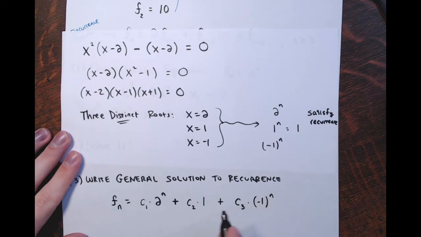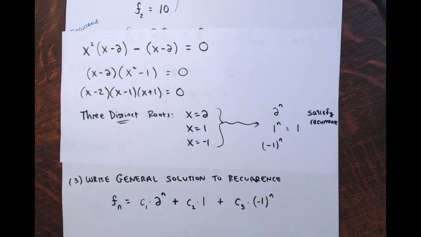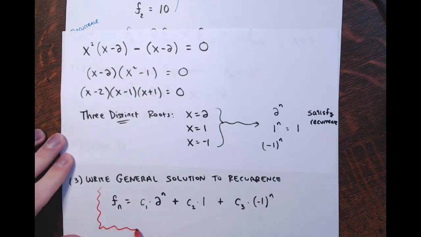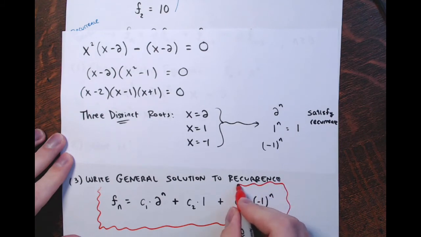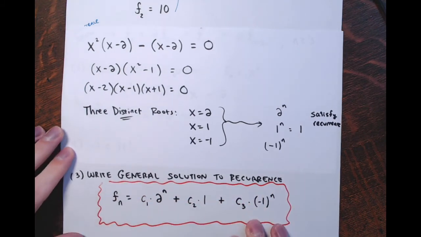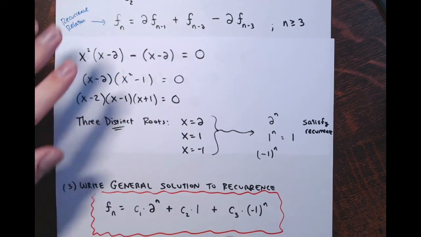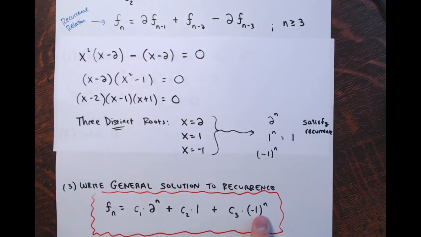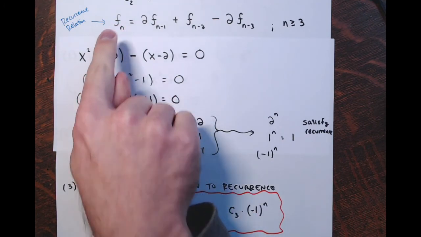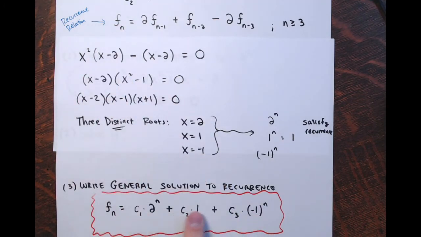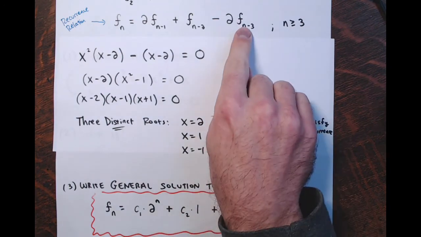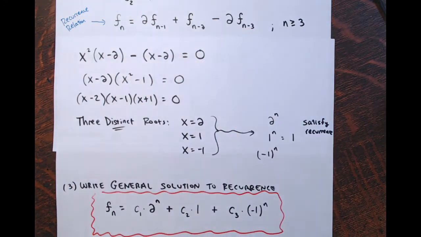Okay, so this right here is the general solution to the recurrence. So if I were to plug this into the recurrence, it would satisfy it. If you were to plug this in, where you replace all the n's with n minus 1's here, replace all the n's with n minus 2's, and replace all the n's with n minus 3's, this would be a true statement.